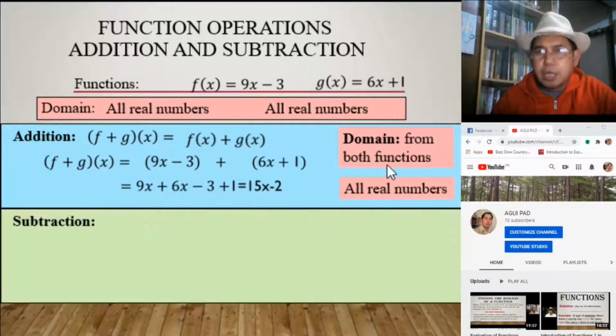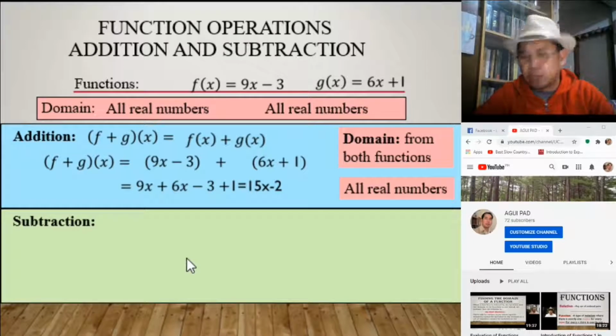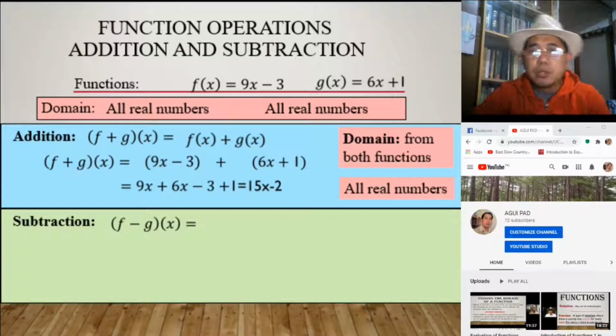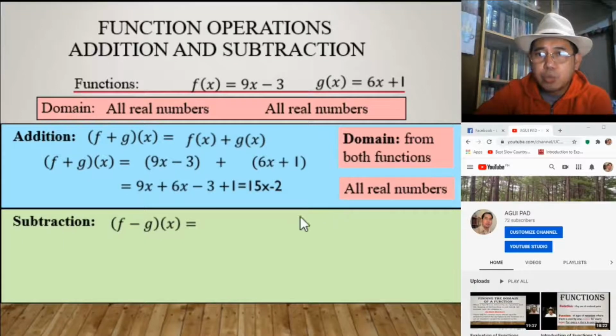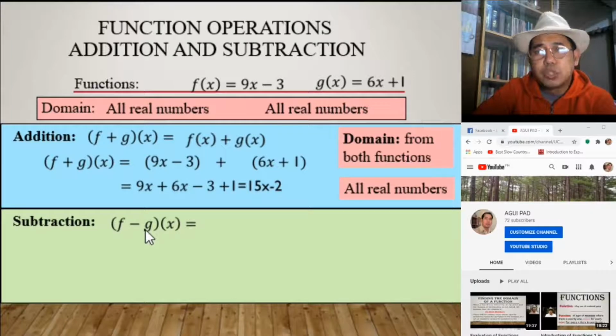Another one in here is subtraction. Now, how are we going to subtract two or more functions? Consider this notation again. What is the notation? You will notice in here that the notation we have is f function minus g function.